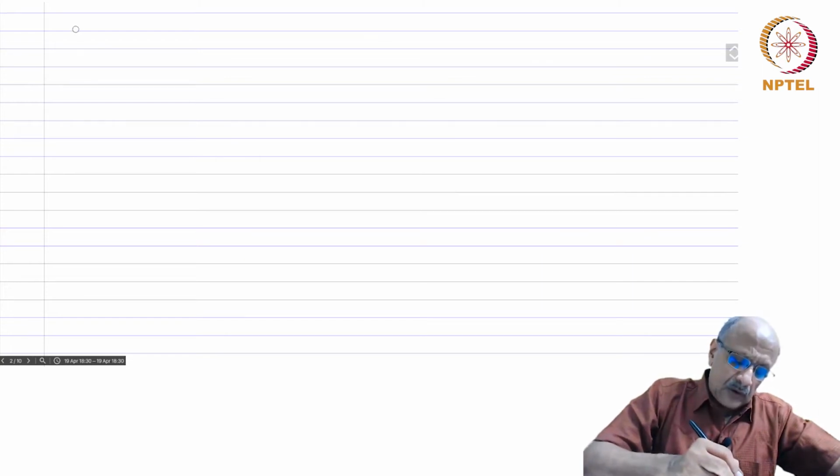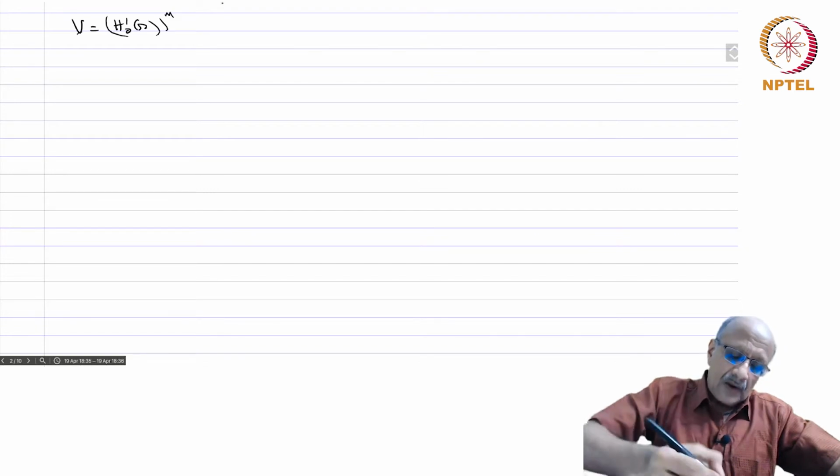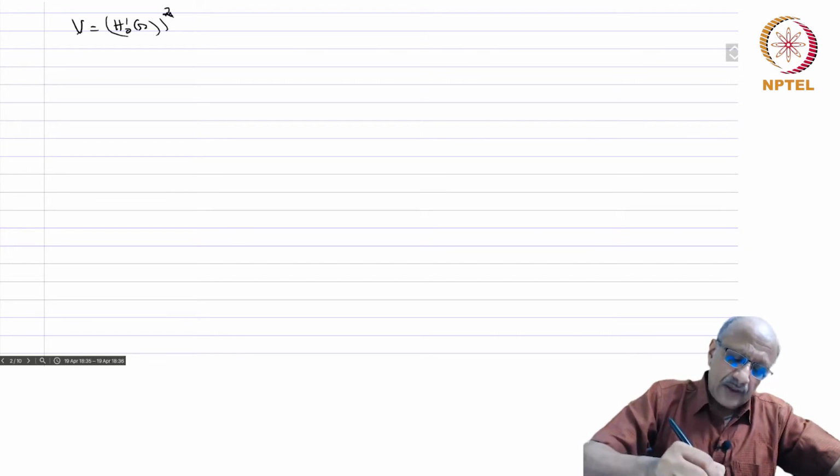So V equal to H10 of omega square is a separable Hilbert space.